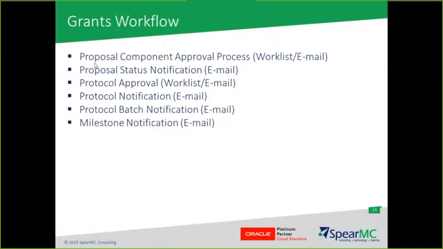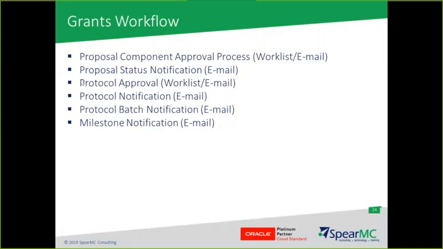So you have the ability to define a proposal approval process for a workflow, and that can generate both email notifications as well as work lists. You can have an automated notification be emailed for changes in proposal status.